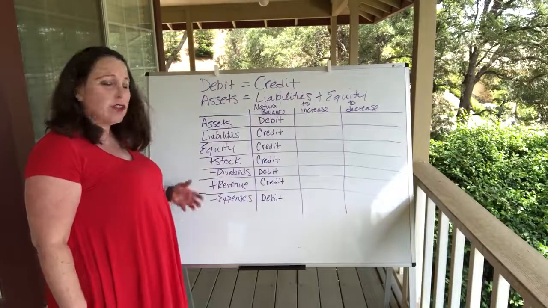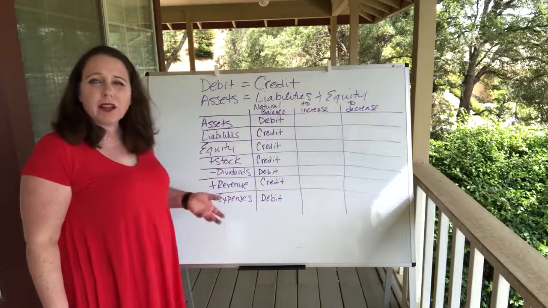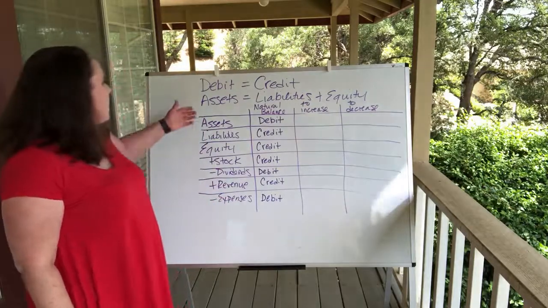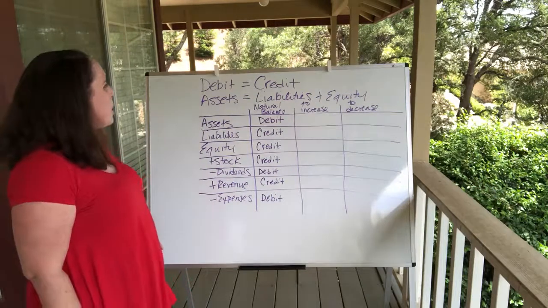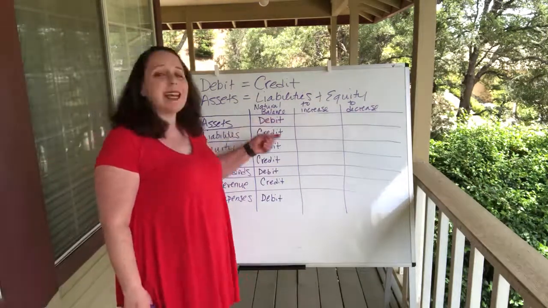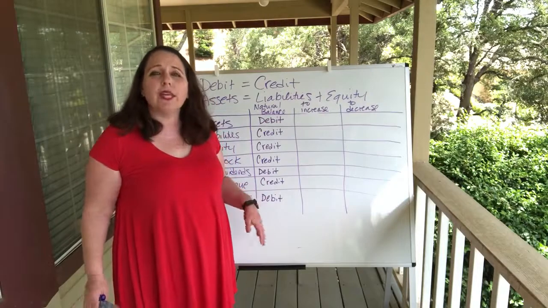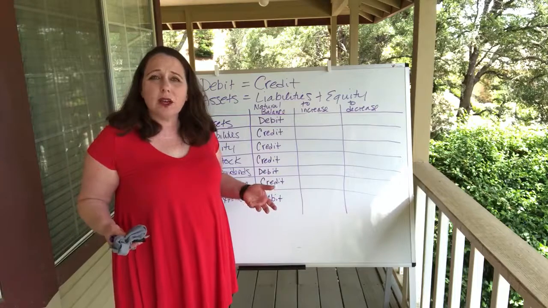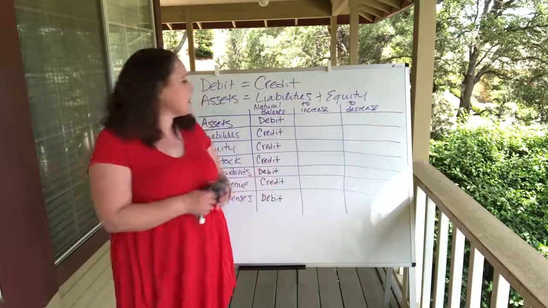Remember, these aren't our accounts. They're our account types. Within assets, we have cash and inventory and accounts receivable. But they'll all work the same. Okay, so asset has a natural debit balance. So if we want to increase assets, we need more debits. We need more of whatever their natural balance is.